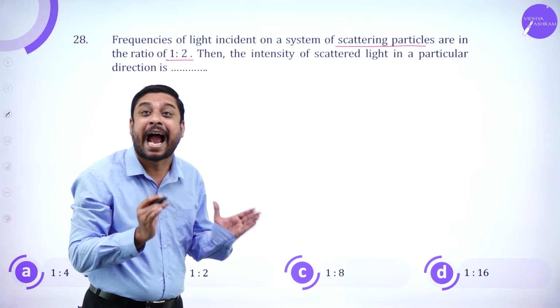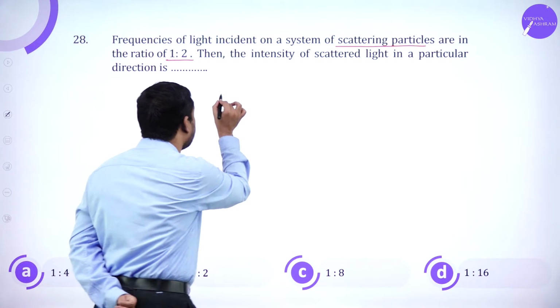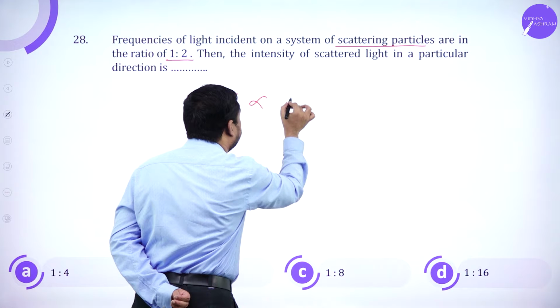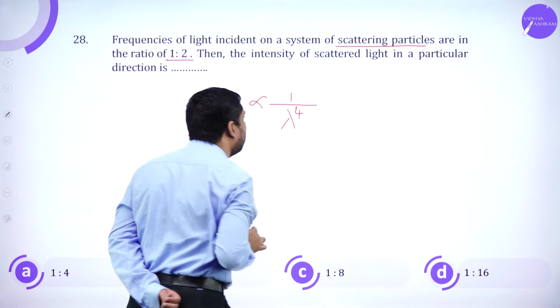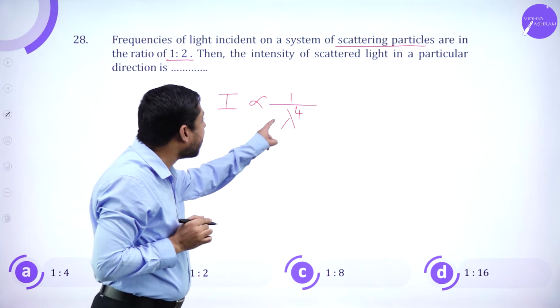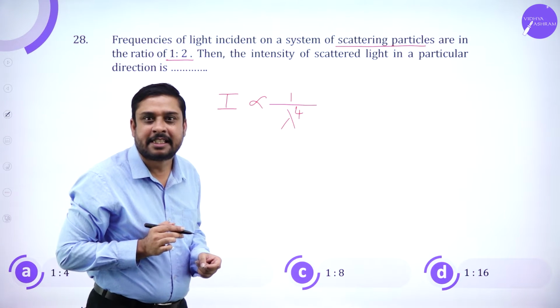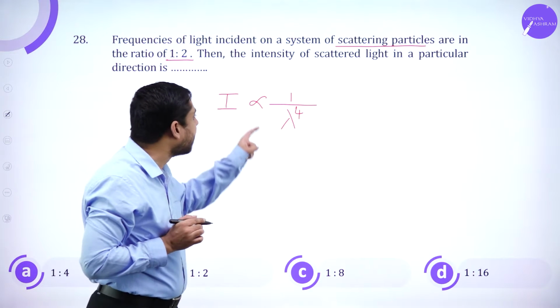Rayleigh's law says intensity of scattered light is proportional to 1 by lambda to the power 4. This is a very important expression, Rayleigh's law of scattering.